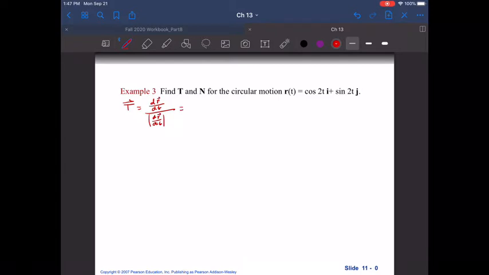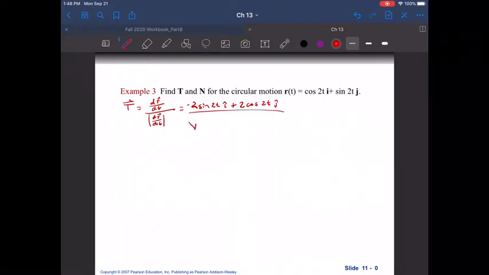So dR/dt is going to be: the derivative of cosine is negative sine of 2t, but then we have to bring that 2 out in front. So negative 2 sine 2t in the i direction. And then over here we have the derivative of sine of 2t, so we need a plus 2 cosine of 2t in the j direction. And then we need to divide this by the magnitude.